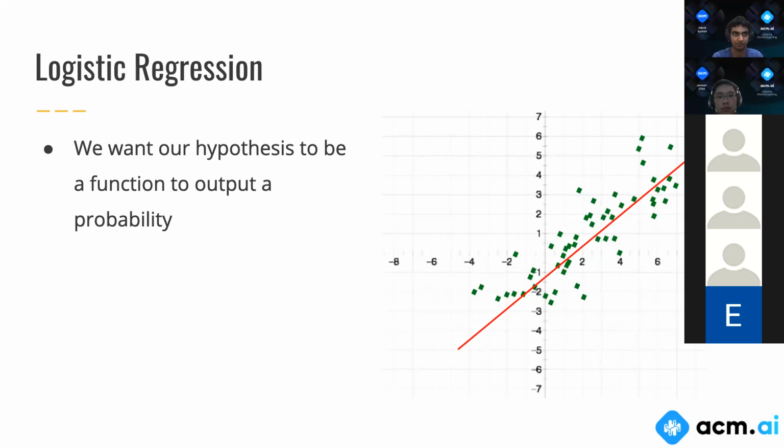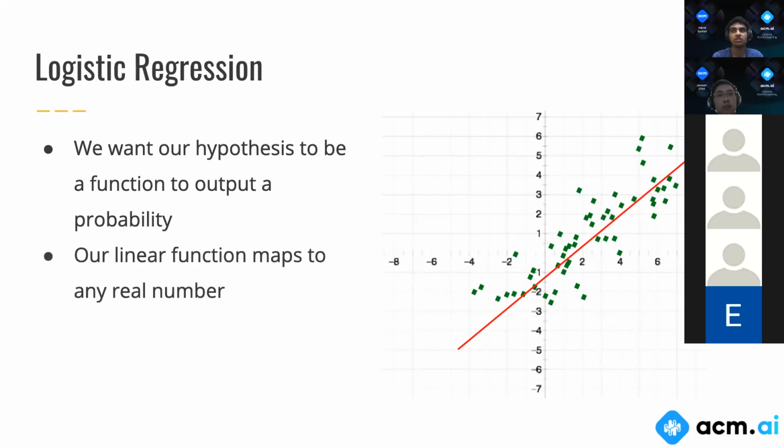That means it's got to be between 0 and 1. Currently, like I said earlier, our function has the entire real numbers as its output. So the question becomes, is there a way to map this linear regression function to an output space between 0 and 1?